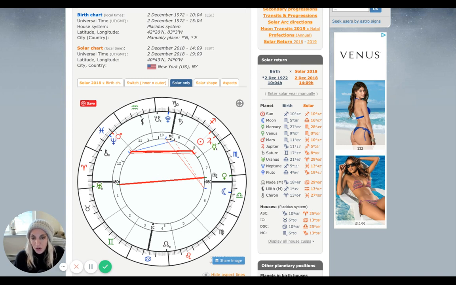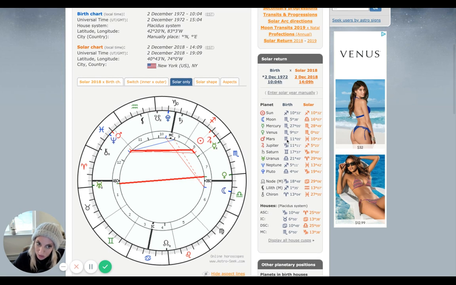So now in your solar return chart, a lot of the planets don't move that quickly. This legend here on the side shows the planet and then where it is in my birth chart and then where it is in the solar return chart. In my birth chart, I have Sun in Sagittarius, and the Moon, Mercury, Venus, and Mars in Scorpio.